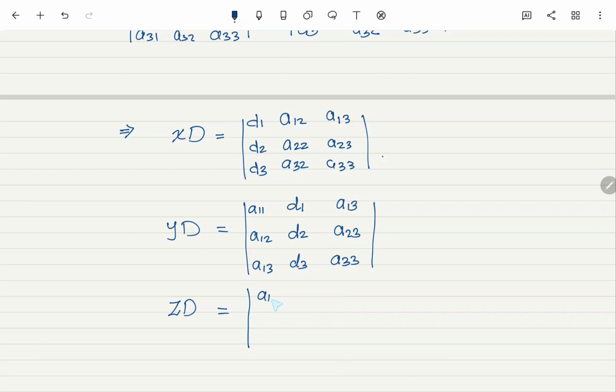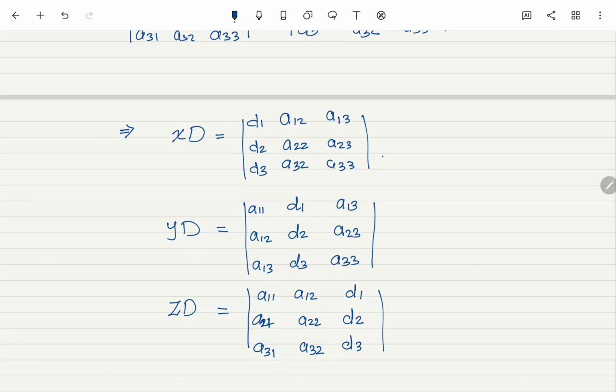So a11, a12, d1, a21, a22, d2, a31, a32, and d3. By solving these determinants, we can find x, y, and z.